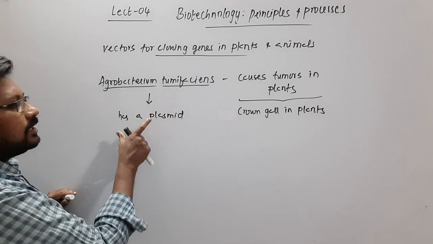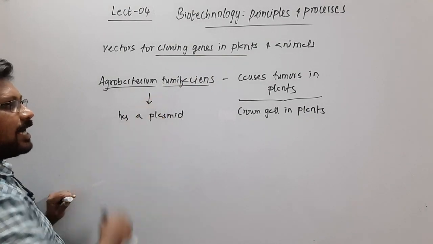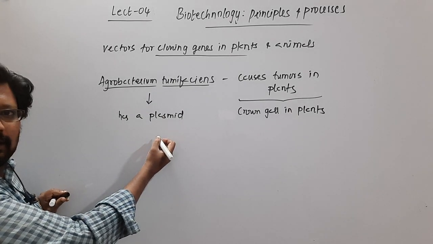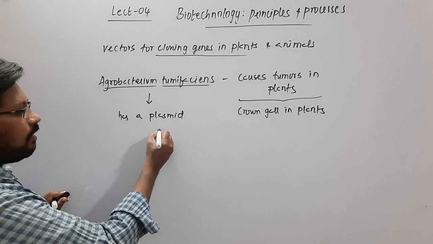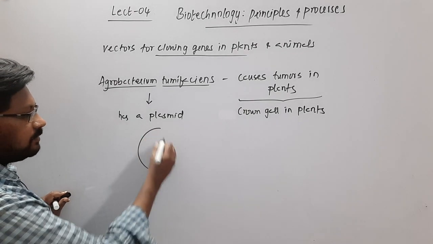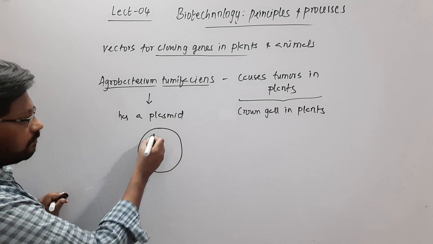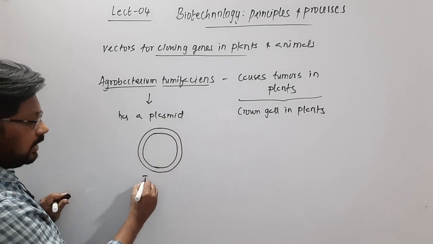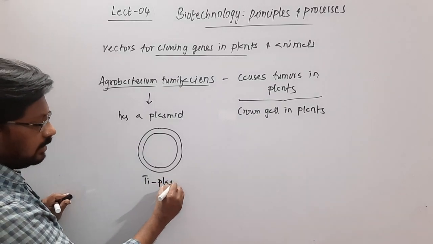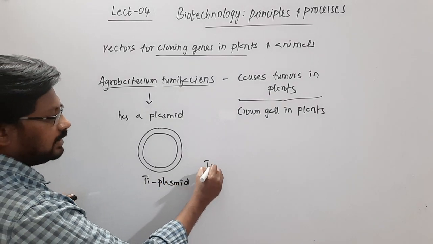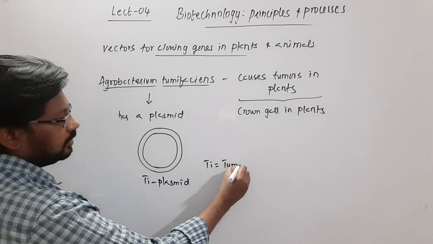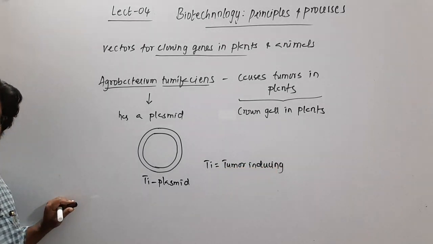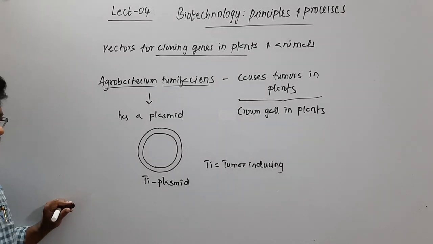Now this plasmid, the Agrobacterium tumefaciens plasmid, is specifically called the Ti plasmid, where Ti stands for tumor inducing. So it induces tumors, a tumor inducing plasmid.